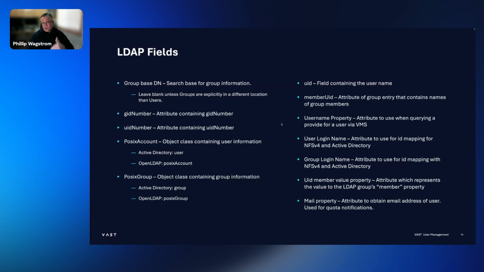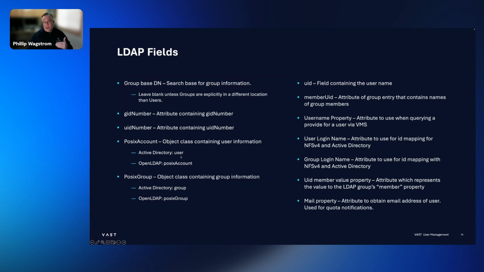This goes through again and talks about the basic LDAP fields and what their values are. This is outlined in the vast documentation, but I'm just going to point out a few differences between what you might see for the LDAP fields for OpenLDAP versus what we'd see for Active Directory. The primary one is, what is the object class that we're using?